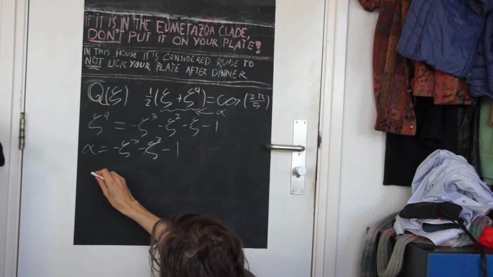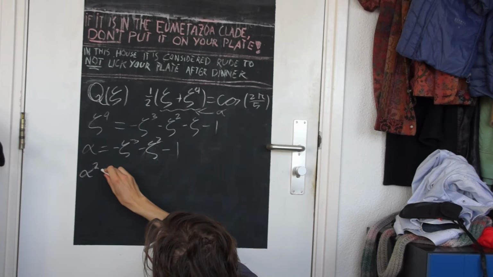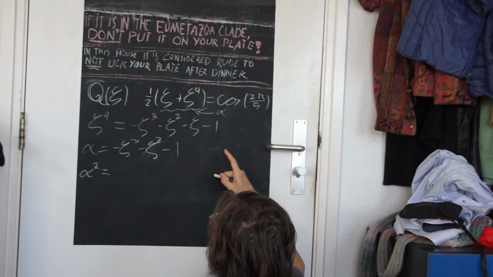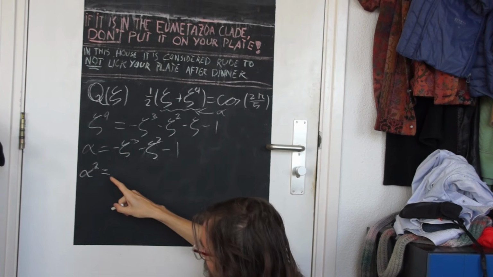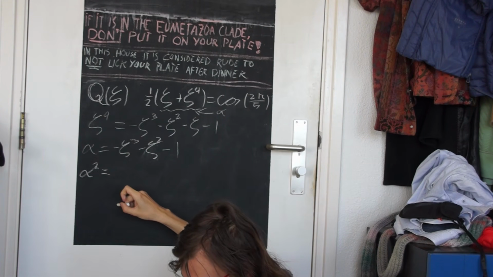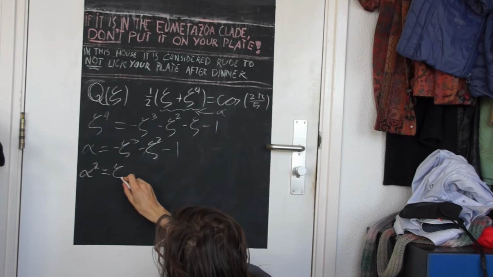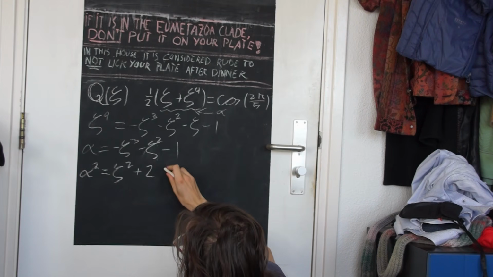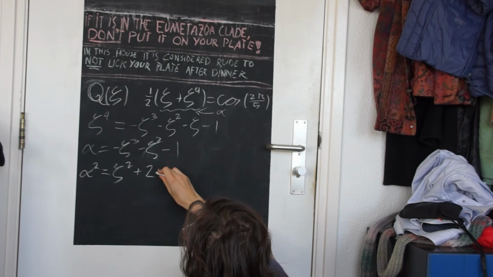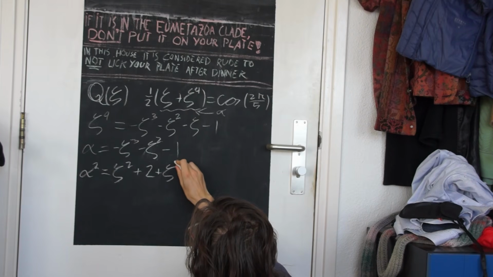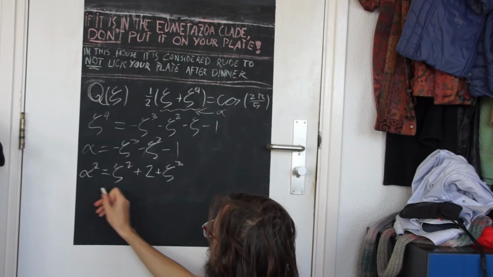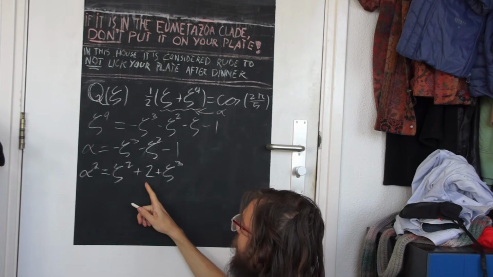And if we do some more algebra, we find that alpha squared, after reducing a bit, and this is an exercise to the listener, is going to be zeta squared plus 2 plus zeta to the power 3. If we add these two, we are left with just 1.